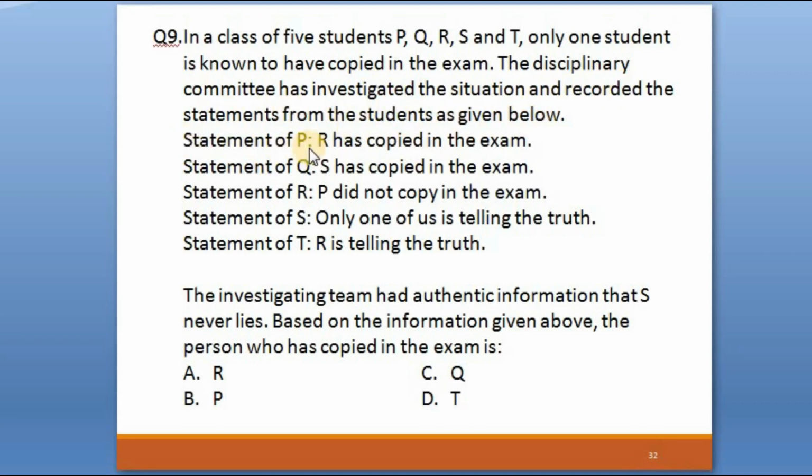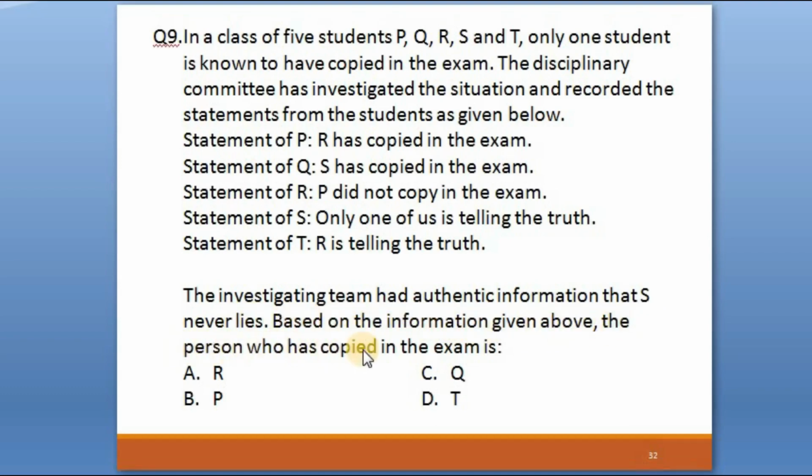Statement of Q, S has copied in the exam. Statement of R, P did not copy in the exam. Statement of S, only one of us is telling the truth. Statement of T, R is telling the truth. The investigating team had authentic information that S never lies. Based on the information given above, we have to find the person who has copied in the exam.